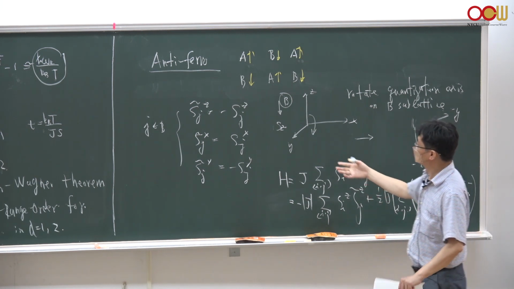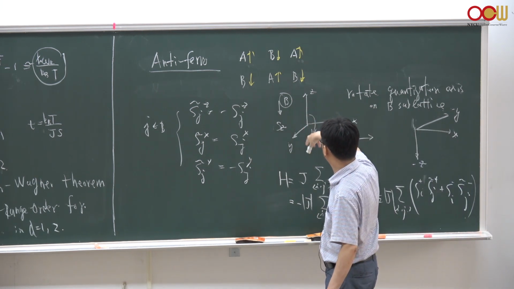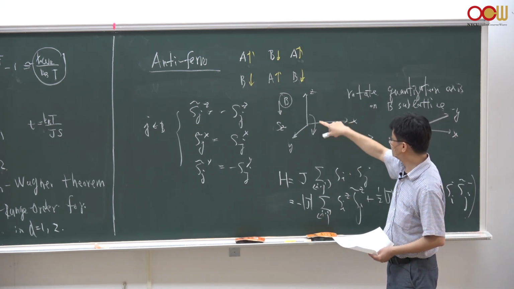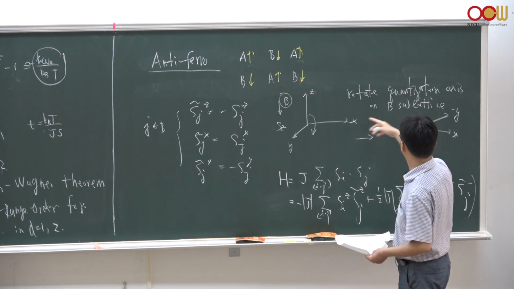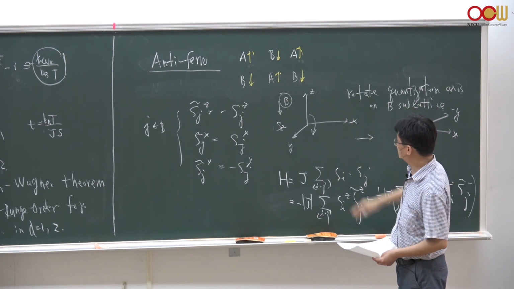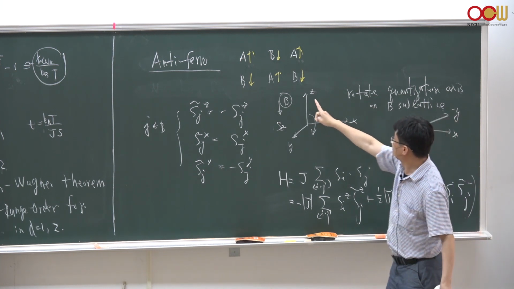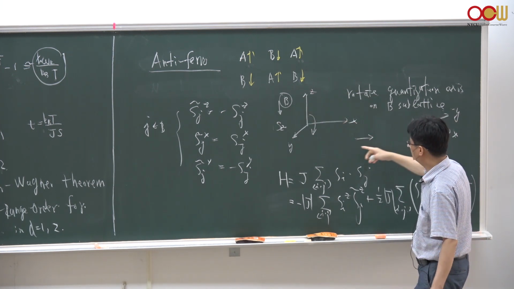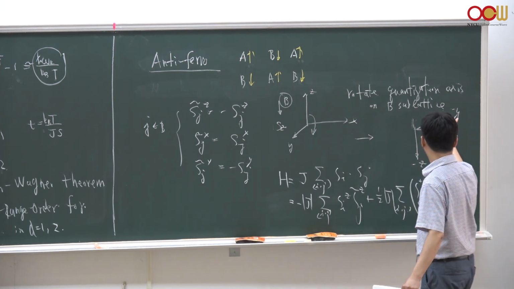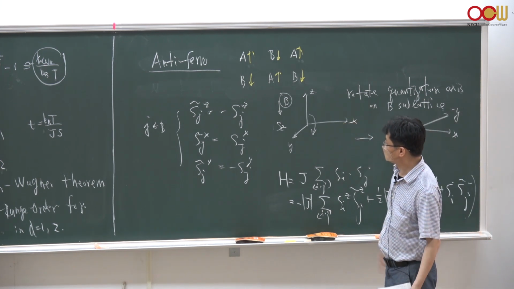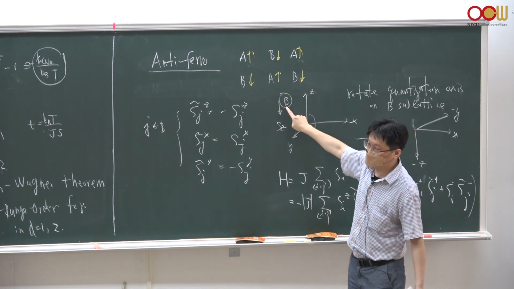But if you simply do a spin rotation, rotating the spin axis around the x-axis by 180 degrees, then Sz becomes minus Sz and Sy becomes minus Sy, but Sx is still the same as Sx for sublattice B.